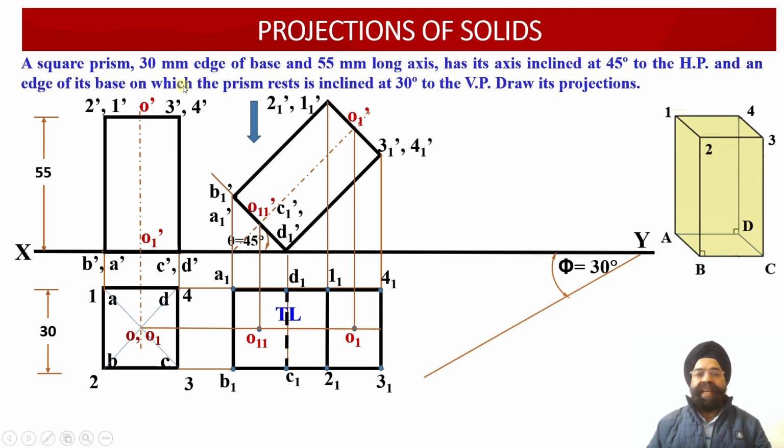Now, in the second iteration, we have been provided with the information that the edge of its base on which the prism is resting is further inclined at an angle of 30 degrees with respect to the vertical plane. Now, these top view projections have to be rotated in such a way.